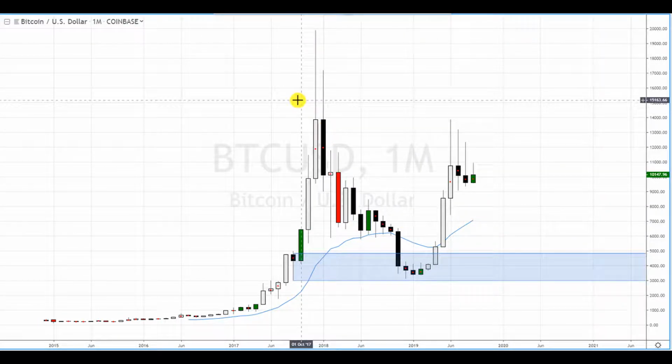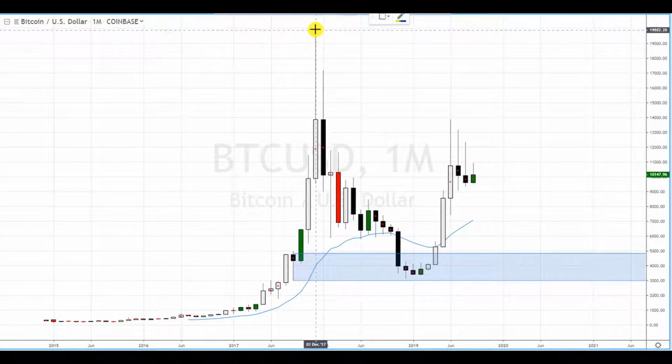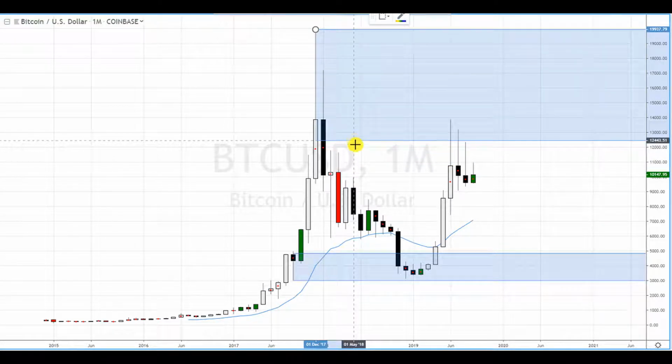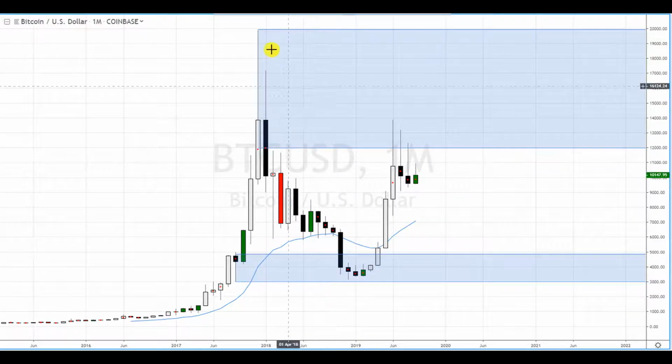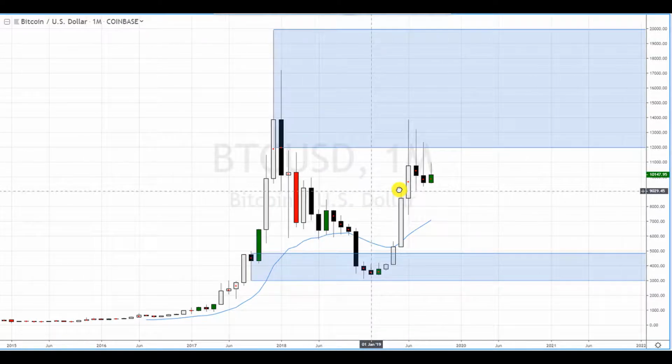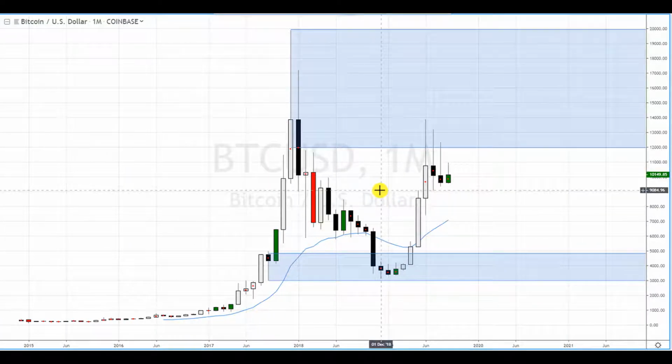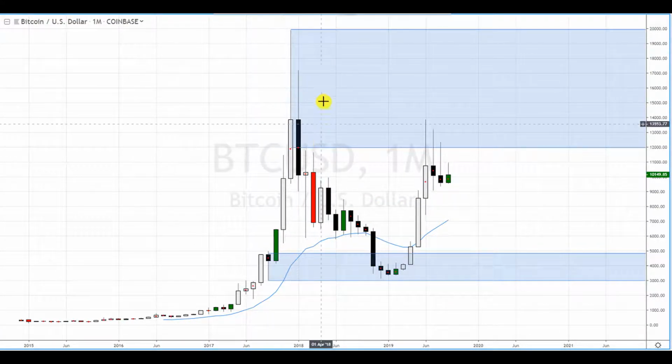Draw this zone. It looks ridiculous, guys, but that's just how much price has been manipulated by all these people that bought up here. Banks, everybody is just manipulating.